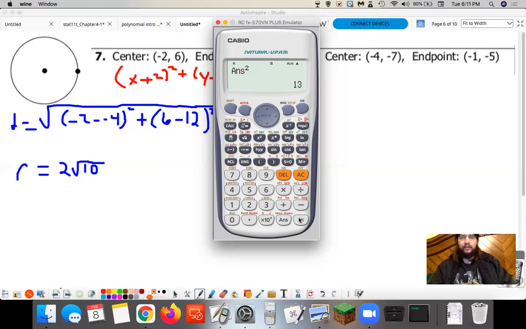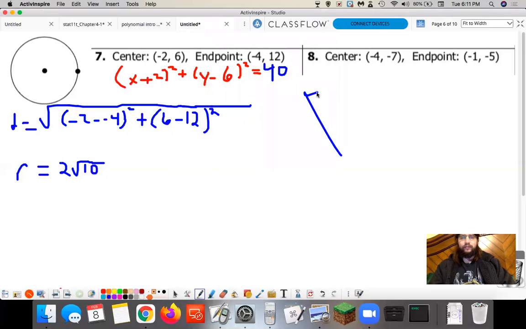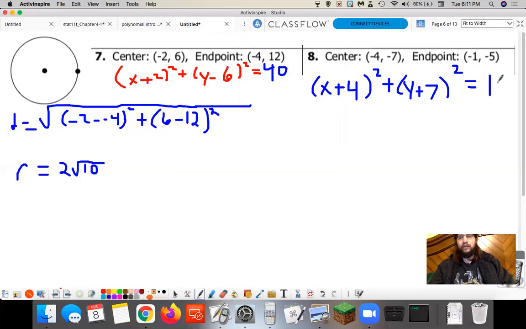If we square that, we get 13. So it's going to be (x + 4) squared plus (y + 7) squared equals 13.